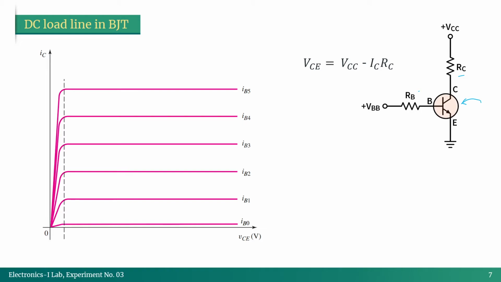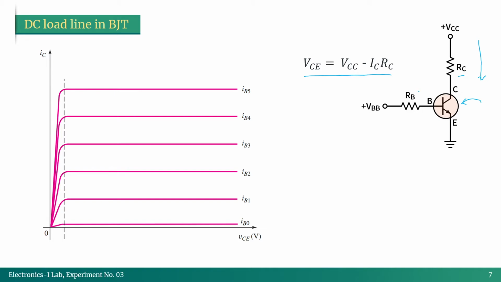Using our simple Kirchhoff's voltage or current law, we can find those characteristics. Like here, if I apply Kirchhoff's voltage law for this branch, we are going to get this equation, VCE equal to VCC minus ICRC.